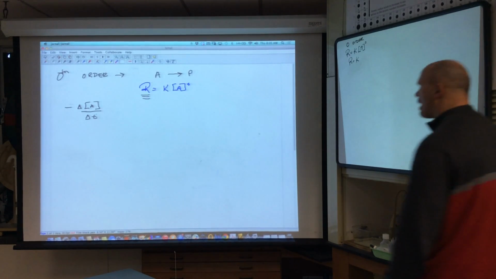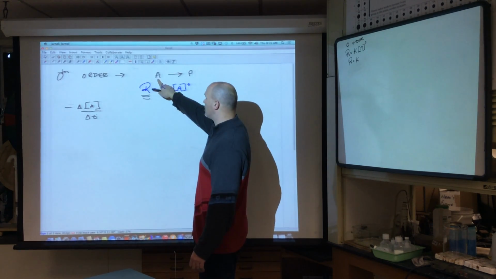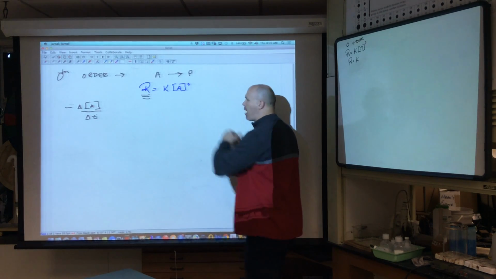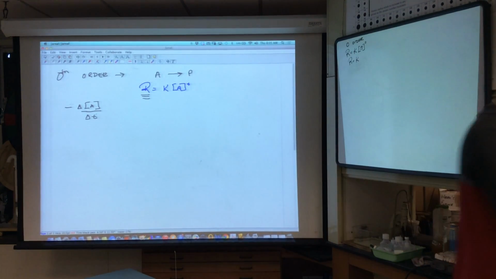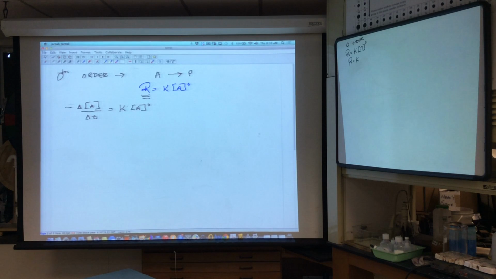The loss of A over time, it's a negative because we're going smaller. I can also evaluate the rate in terms of the gaining of the products. But in this case, I'm using A. Now, I'm going to make this equal to my rate law because this rate and this are the same. So this is equal to K, A to the 0. All right, great. Moving forward.